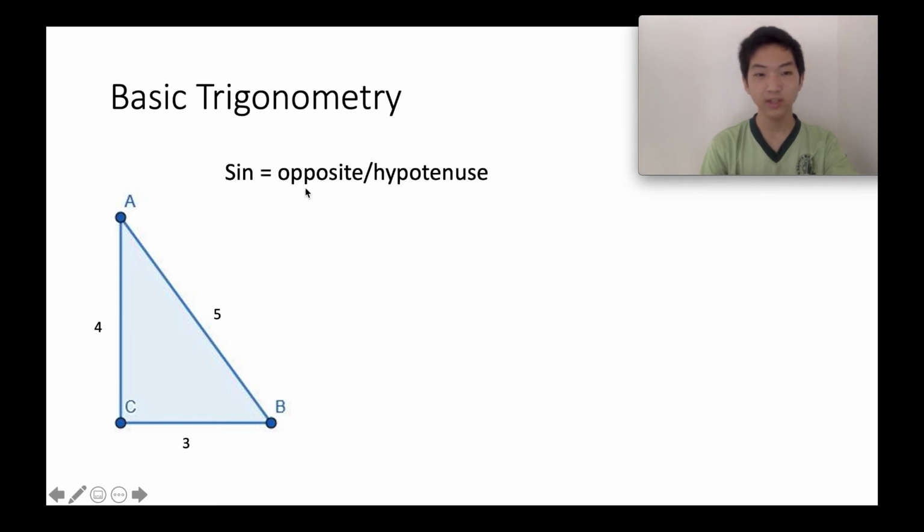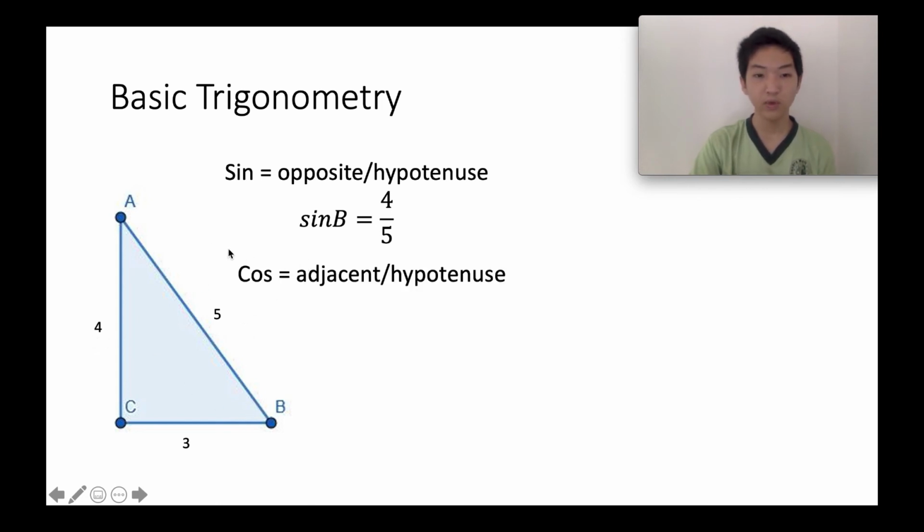So sine is opposite over hypotenuse. As you can see here, let's say you're looking at angle B. The opposite side of angle B is 4, and the hypotenuse is 5. So the sine of angle B is 4/5. Now we have cosine, which is adjacent over hypotenuse.